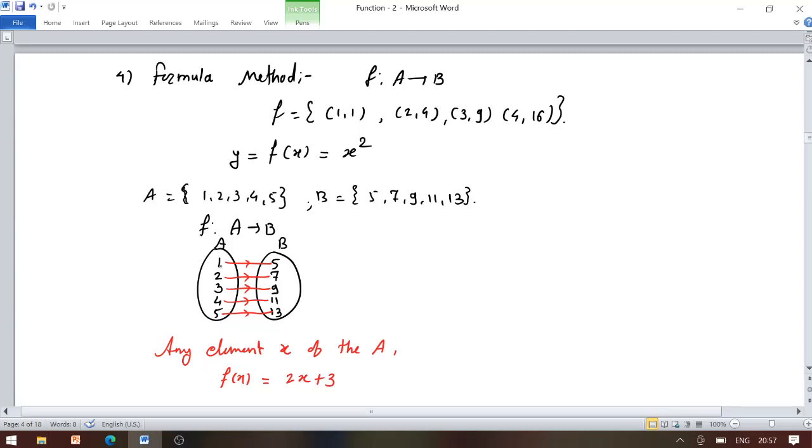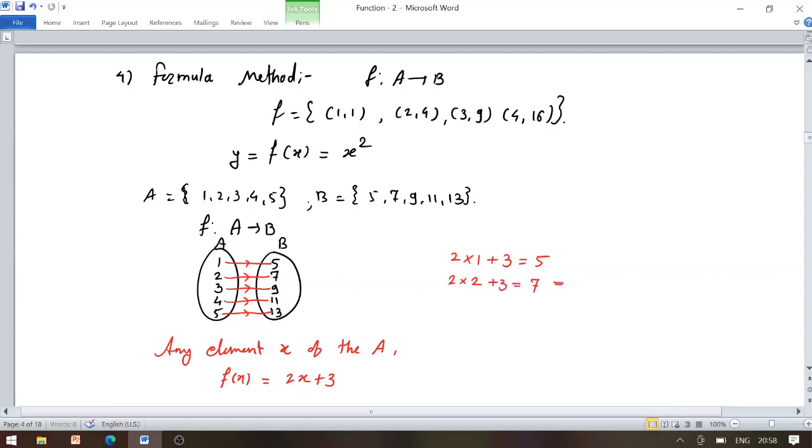That means 1 is associated with 5. We can write it as 2 into 1 plus 3, that becomes 5. Same thing, 2 times the second element from set A, which is 2, plus 3 becomes 7.